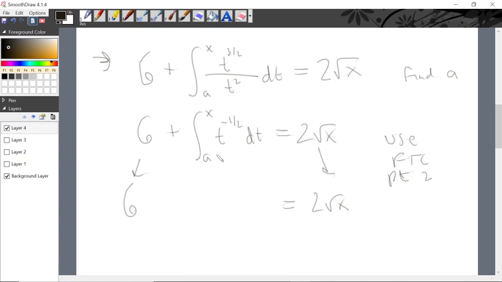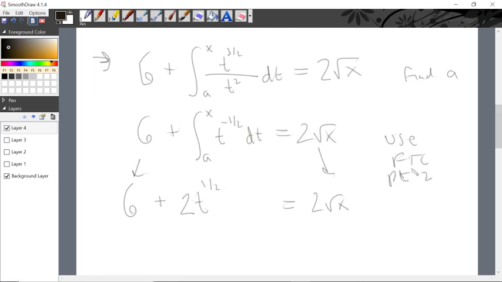To find the antiderivative by the power rule, we add 1 to the exponent. That'll give us a power of 1/2, and then divide by the new exponent. So we have t to the 1/2 divided by 1/2. But dividing by 1/2 is the same as multiplying by positive 2.